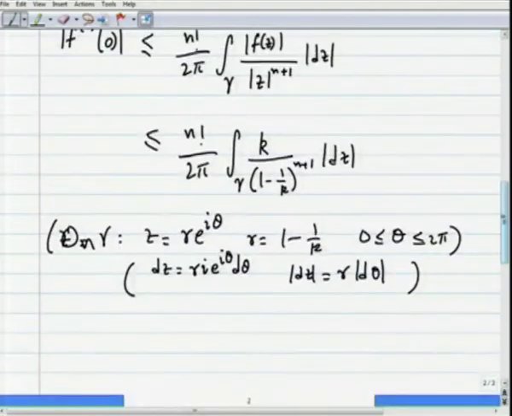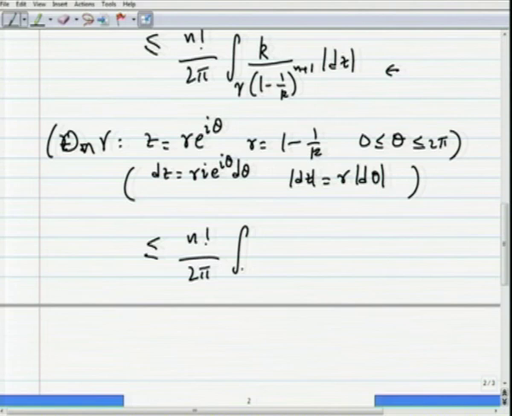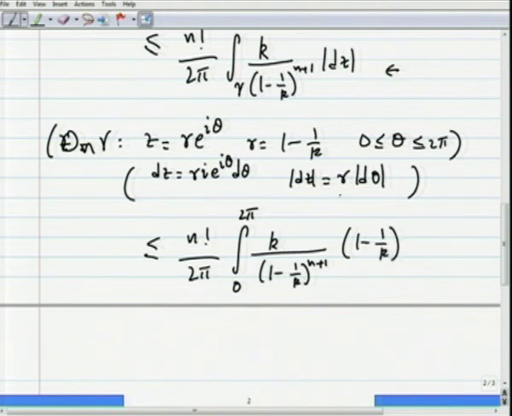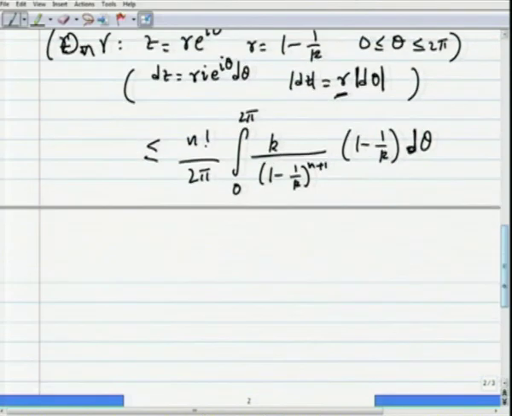So, this expression here is less than or equal to n factorial divided by 2 pi times the integration over gamma. Now, we have converted everything into theta. So, theta goes from 0 to 2 pi of k divided by 1 minus 1 by k power n plus 1 times 1 minus 1 by k, which is r here, and then the absolute value of d theta. We can take that to be d theta itself.